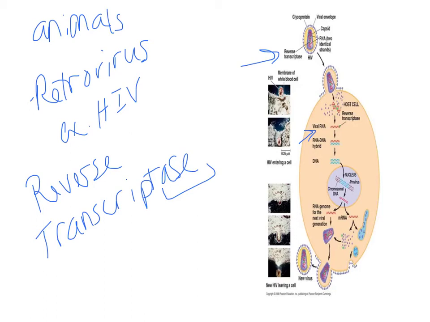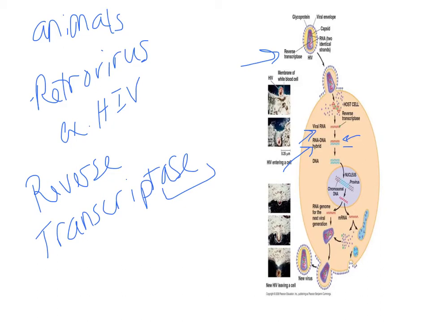The reverse transcriptase enzyme is going to be able to convert that viral RNA into DNA. So I have a strand of RNA in the red on the top there, and a strand of DNA in the blue on the bottom. Okay, and now then the virus can use the host cell's materials to then make the second strand of that DNA.